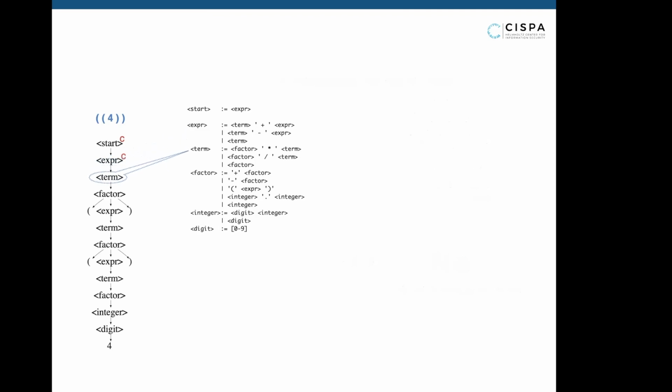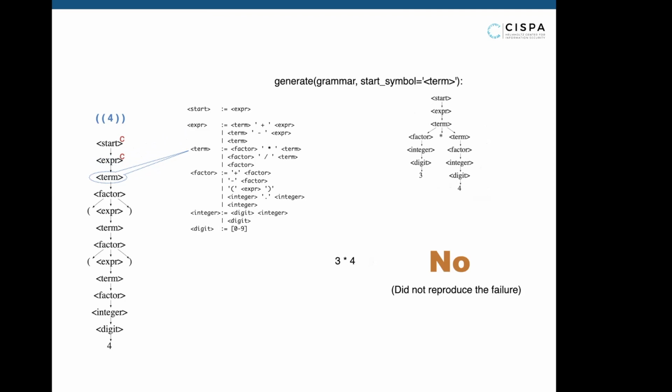And we move to the next term, that is term, and do the same procedure, 3 times 4, and attach it to the tree at the same part. And the generated string again does not reproduce the failure.